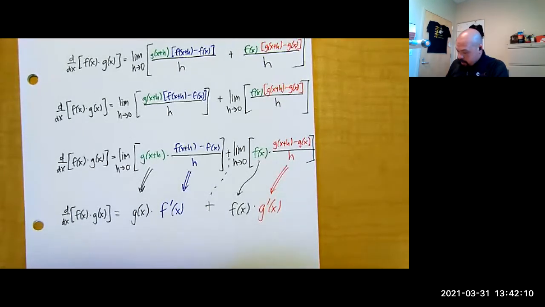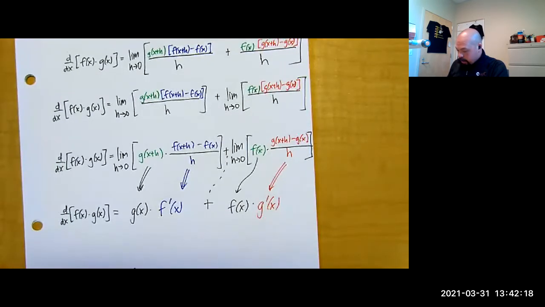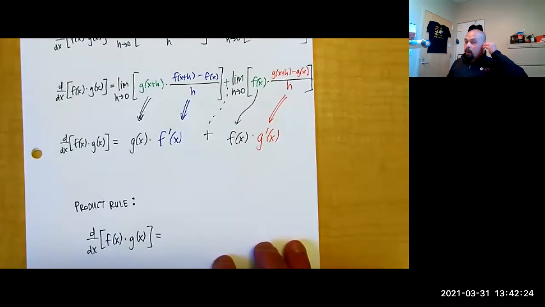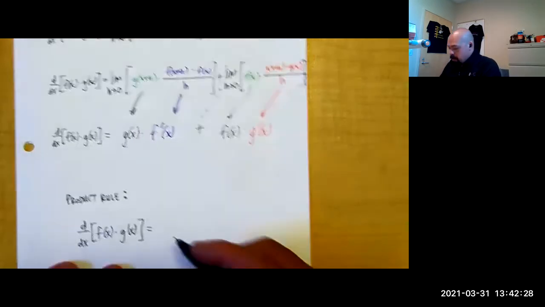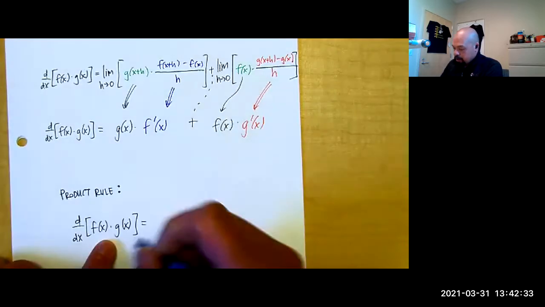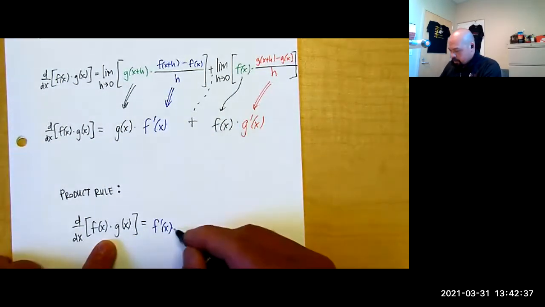So when we take this derivative of the product, the multiplication of two functions, what are we going to get? We find, and I'm going to switch my order a little bit, derivative of the first function times the original second function.